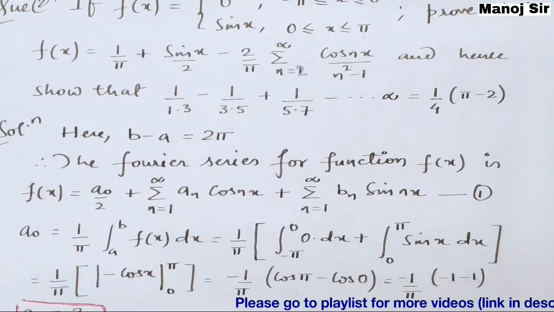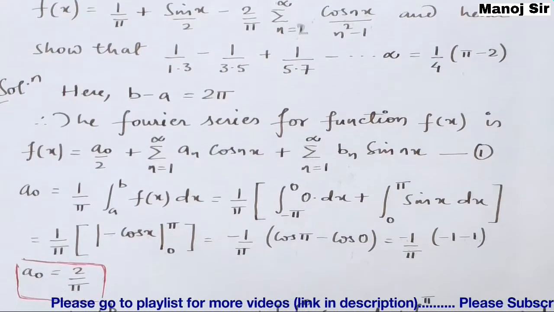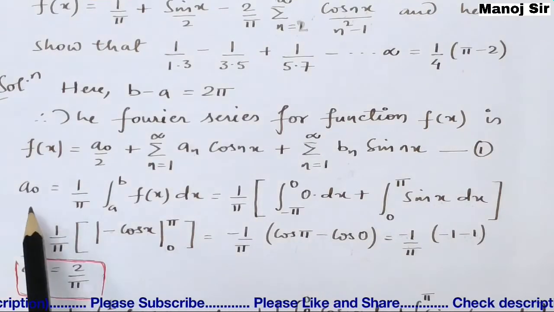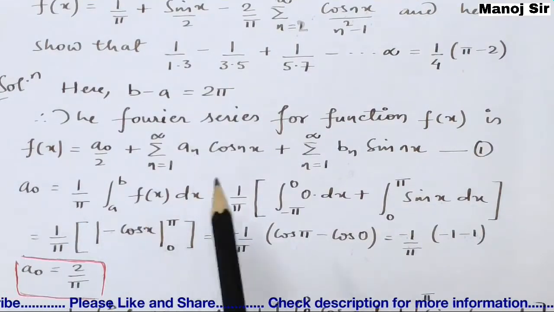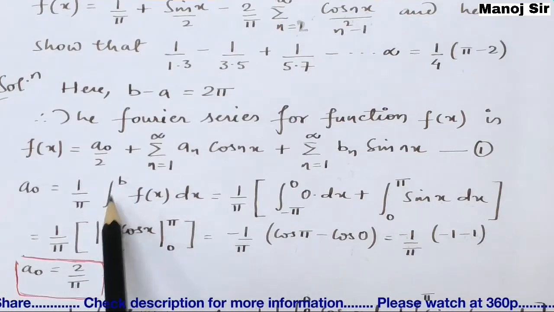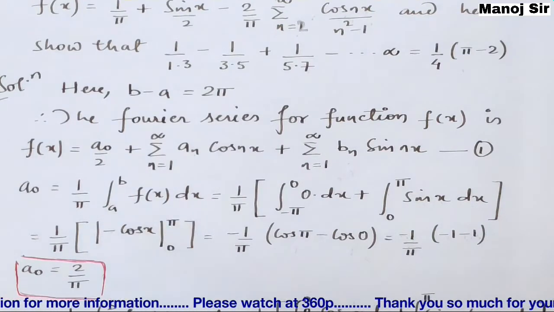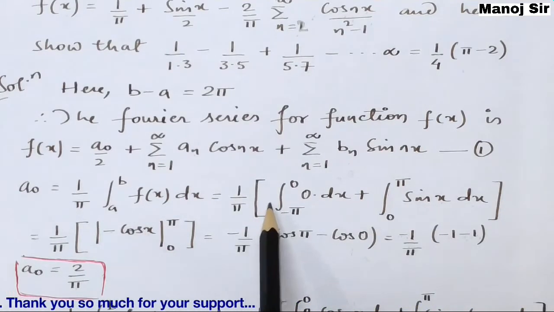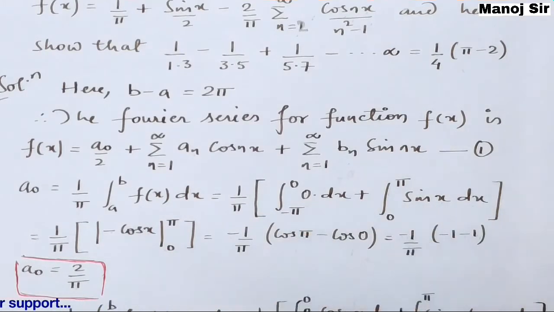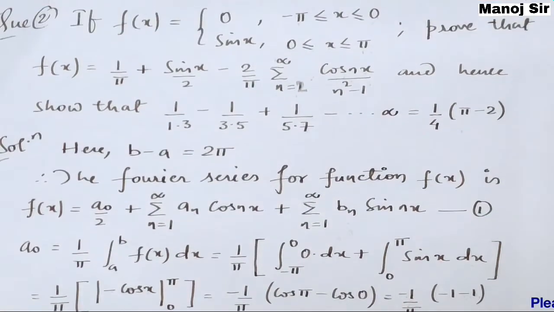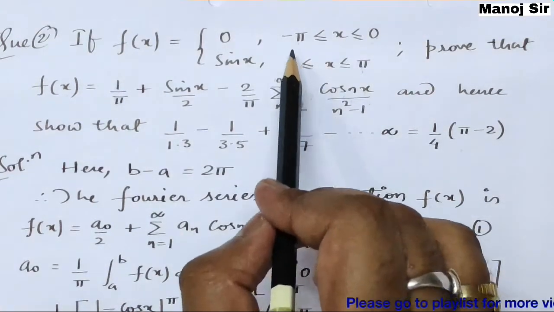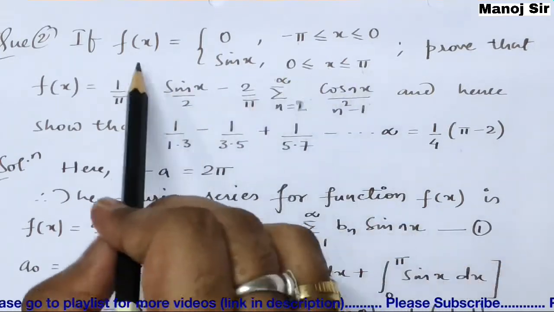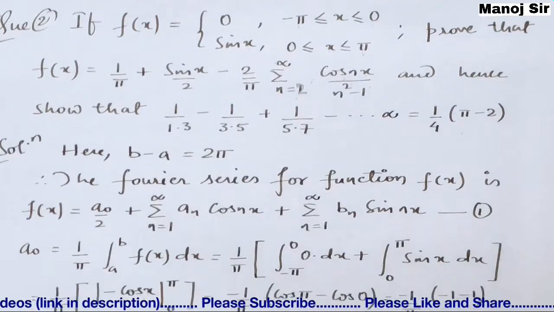Now let us find what is a naught. We know the formula for a naught by the help of Euler's formula, that is 1 upon pi integration a to b f of x dx. So it is 1 upon pi, and we have two limits. When the limit is from minus pi to 0 the function f of x is 0, and when the limit is from 0 to pi the function f of x is sine x.